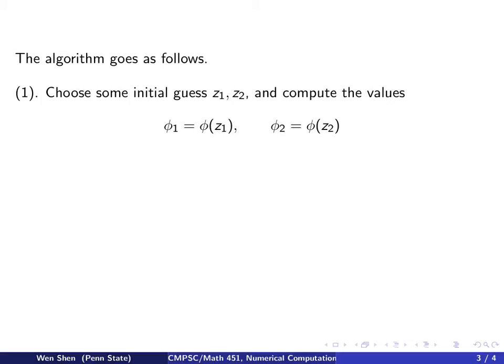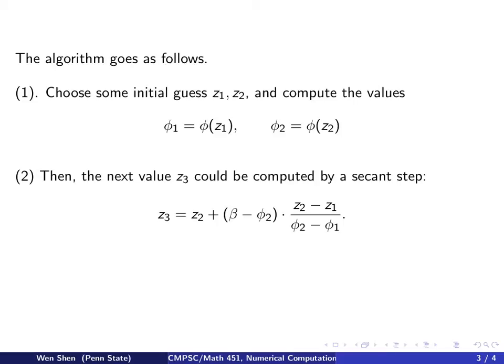Using that, I solve the initial value problem and I evaluate the solution at B, and I call this value phi1, the phi with z1. Putting in z2, I carry out the same computation and find the value of y at B, and I call it phi2.